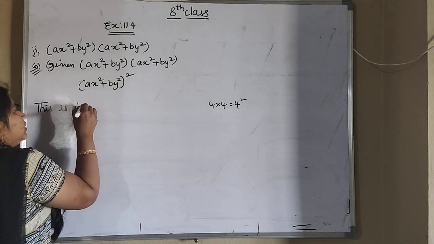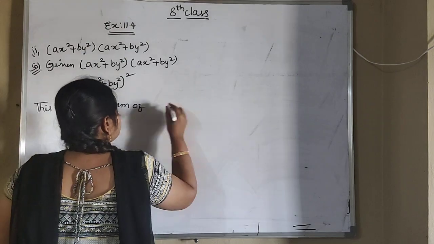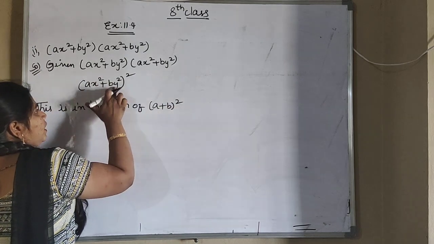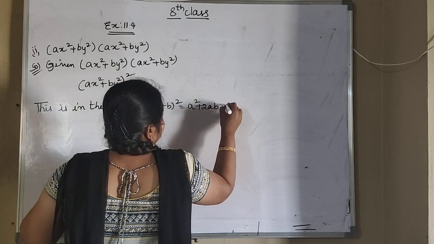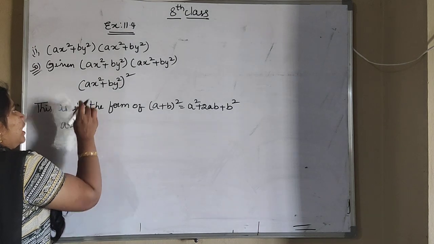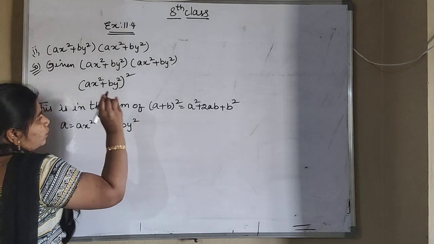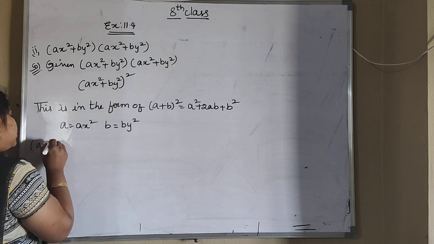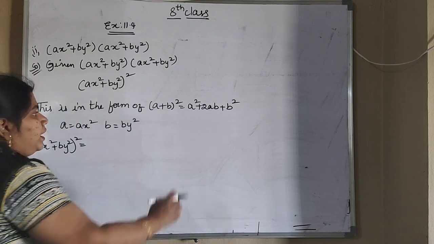This is in the form of a plus b whole square. So what is the formula? a square plus 2ab plus b square. What is the a value here? The a value is ax square, the b value is by square. Now write it in this form: ax square plus by square whole square is equal to a square.